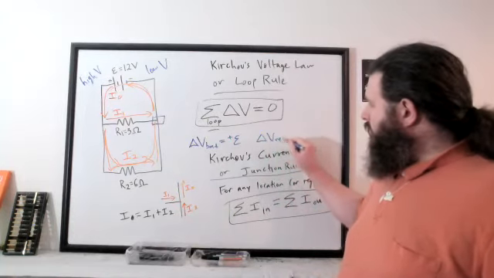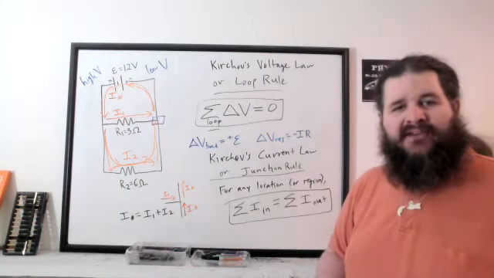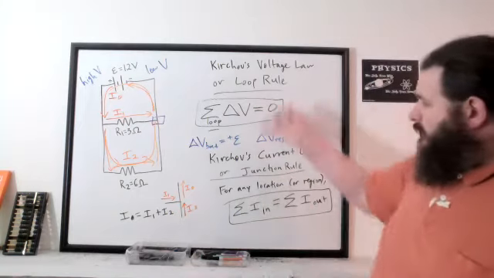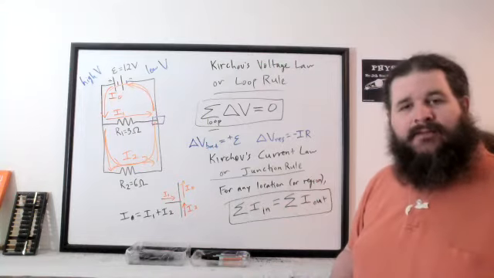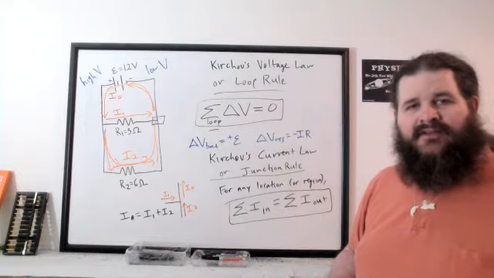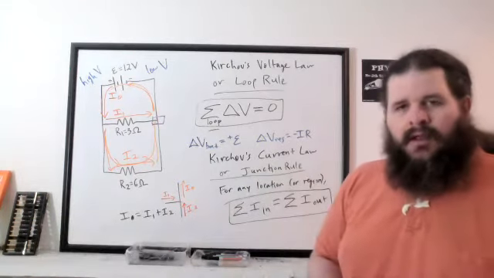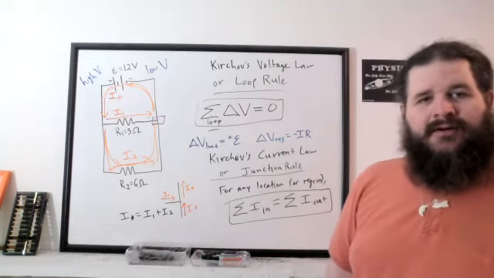Delta V for a resistor equals negative IR. And the fact that a wire has no voltage difference. This is pretty much the entirety of concepts we're going to be using for analyzing circuits. Everything else is just this plus a bunch of algebra. Any questions on those concepts so far?